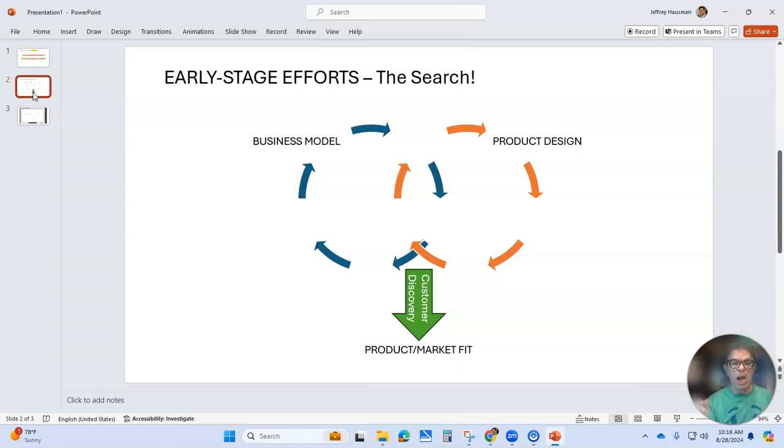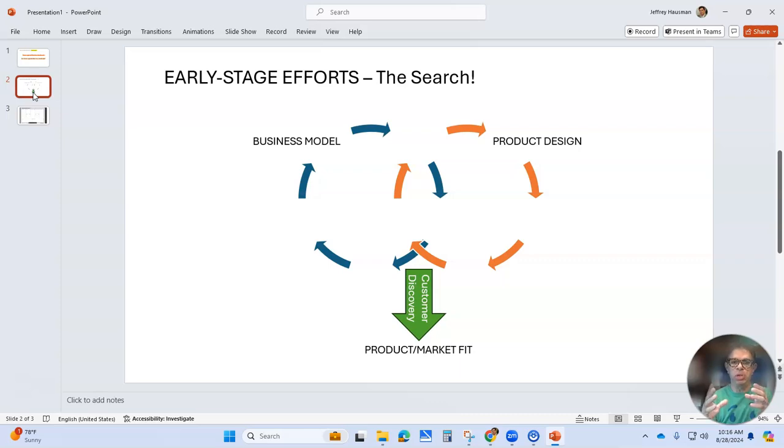Oftentimes, people start with a great idea for a product or a service. And they spend a lot of time thinking about what that might look like, thinking, oh my gosh, if I did this, then I want to make sure that it has this, and all that sort of thing. In reality, that's all good and fine, because you have to have that initial thought.